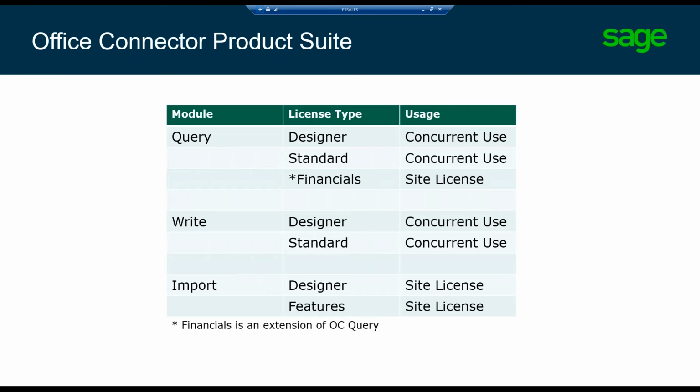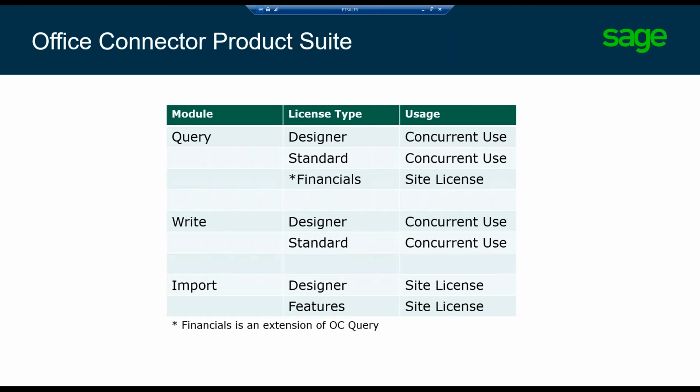To see that information a little differently, these are again those same product families: query, write, and import. And this shows how they're licensed. The query technology and write are based on concurrent use, just like your other Sage applications. If you had 2 uses of job cost, that means 2 people could be in there using it, and if a third tries to get in, they wouldn't be able to. Someone would have to close job cost and then they could get in.